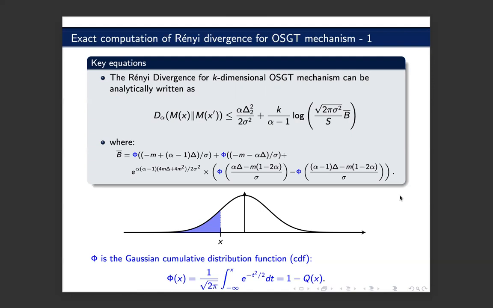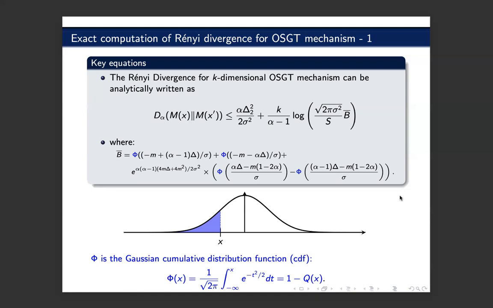How can this be used if somebody is really stuck with the idea that they want to compute the epsilon-delta performance of this OSGT mechanism in composition? For example, if you are using the mechanism multiple times, as in gradient descent, where you are doing lots of iterations and applying noise, the privacy performance of the mechanism goes down.